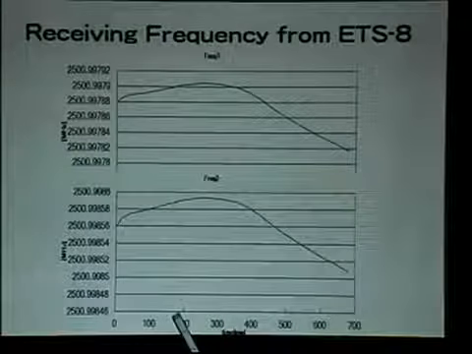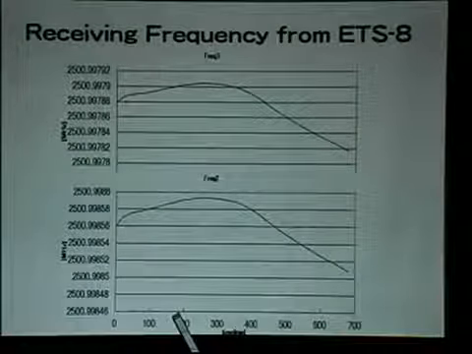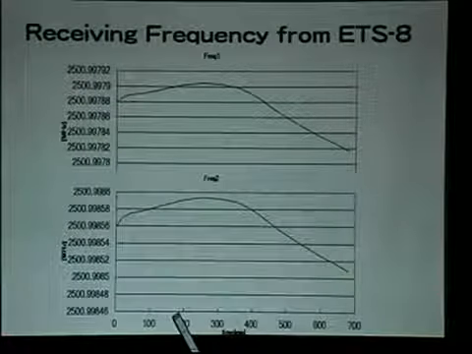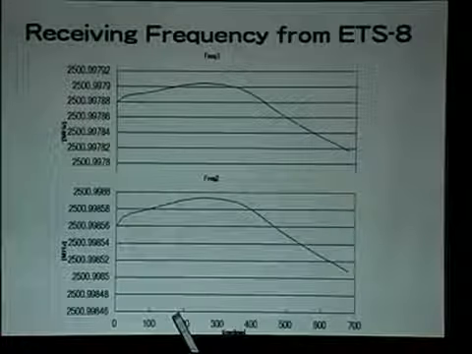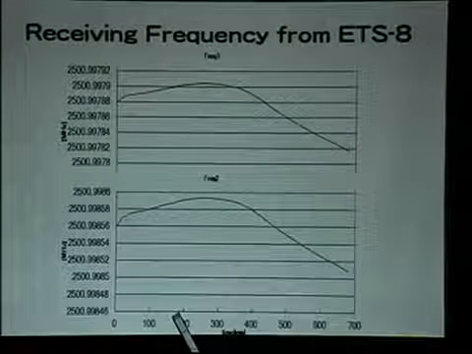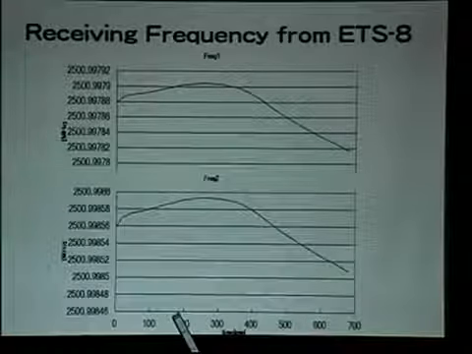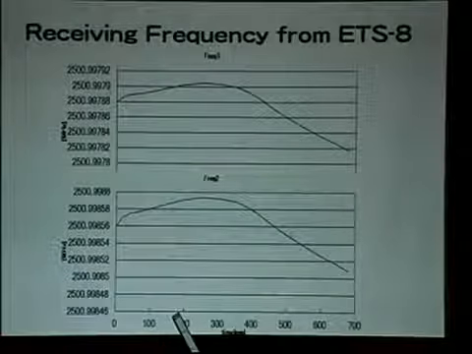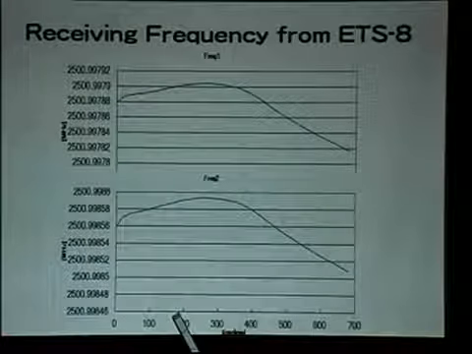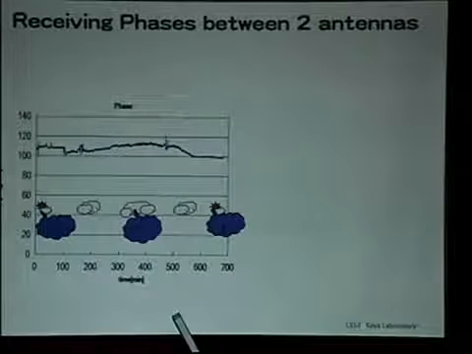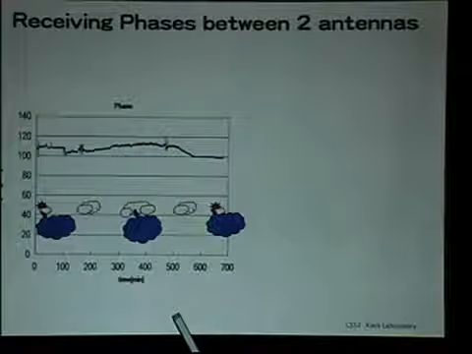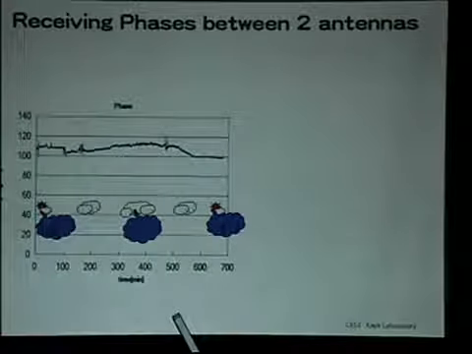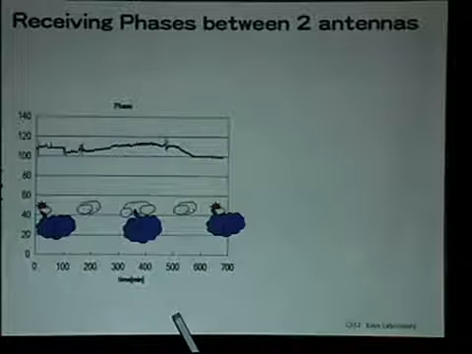Concerning the receiving frequency, there is little change. It means Doppler shift. A geostationary orbit is a little moving like a figure of 8, so the frequency suffers a little Doppler shift. Concerning the receiving phase, we used 2 antennas to compare the receiving phase.